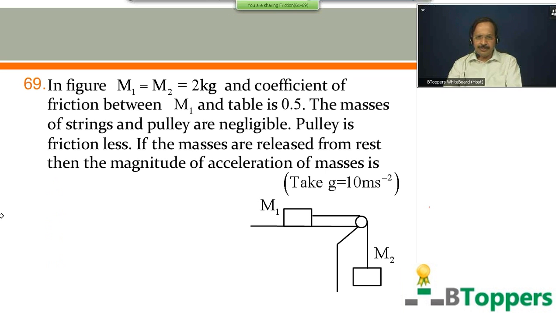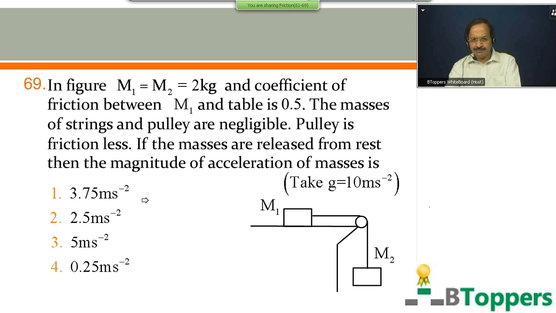In the figure, M1 equal to 3 kg, M2 equal to 2 kg and coefficient of friction between M1 and table is 0.5. The mass of string and pulley are negligible. Pulley is frictionless. The masses are released from rest. The magnitude of acceleration of the masses is? So take g as 10 meter per second square. Come on, try the question.